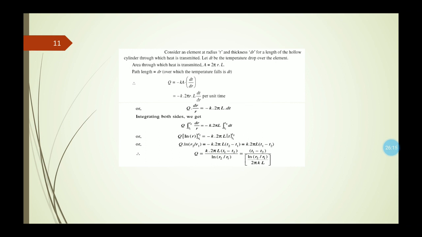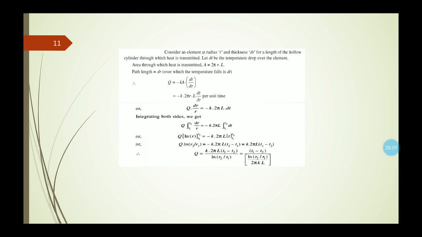Now if we integrate both sides, on the left side we integrate dr by r with limits r1 to r2, and on the right-hand side we integrate dT from T1 to T2. After some steps we will get capital Q equals T1 minus T2 divided by ln R2 by R1 by 2 pi KL.